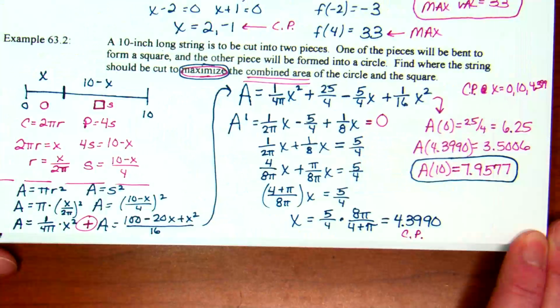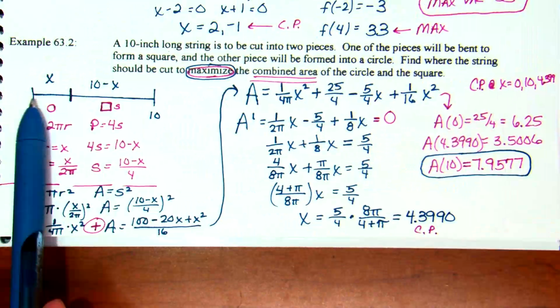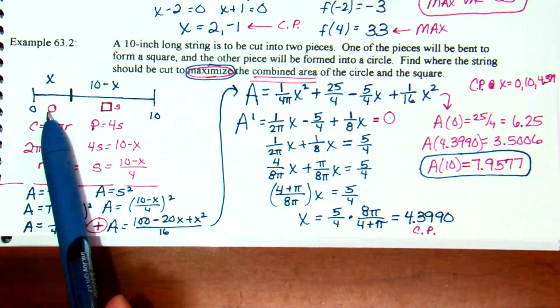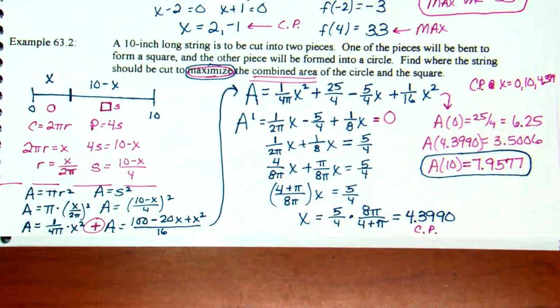The whole thing is the circle. So, where do I cut the string? You don't cut the string. In order to maximize the area, you make it all circle. So, I don't like that at all. All that work for that answer? There was no square.